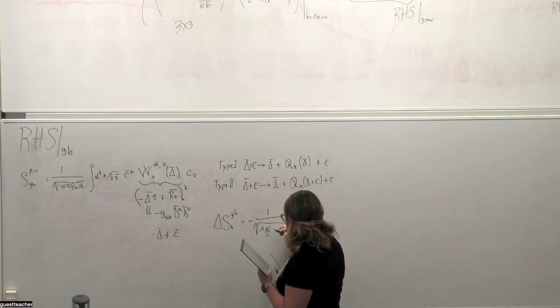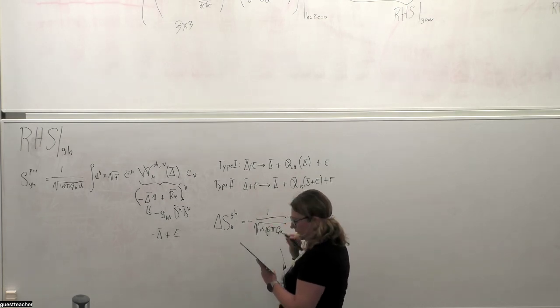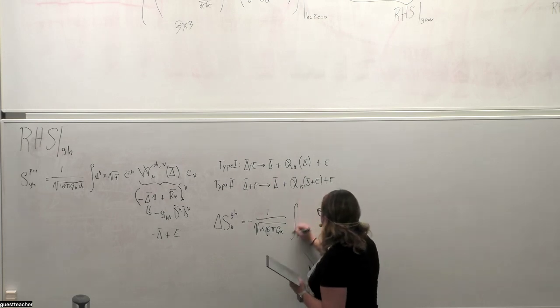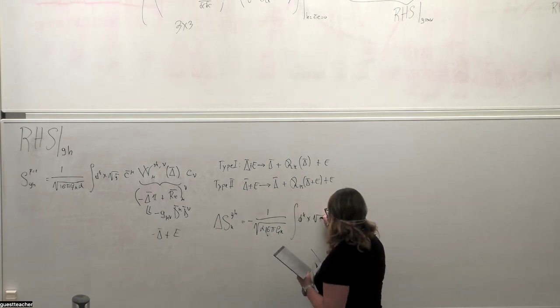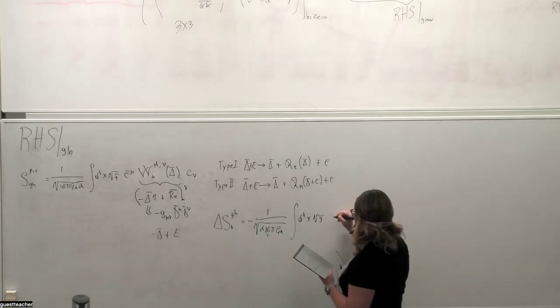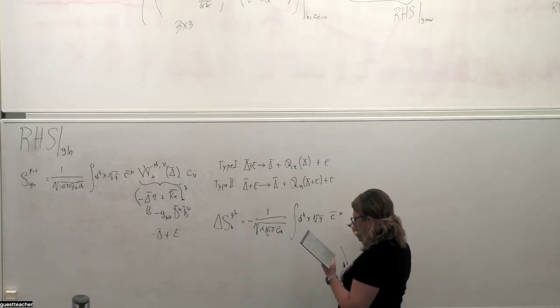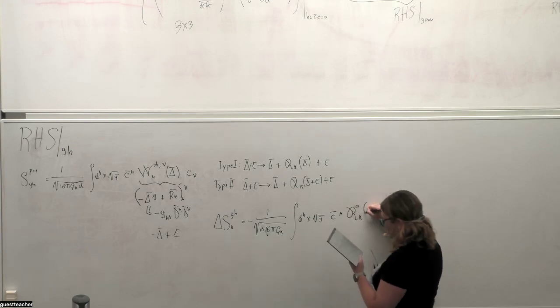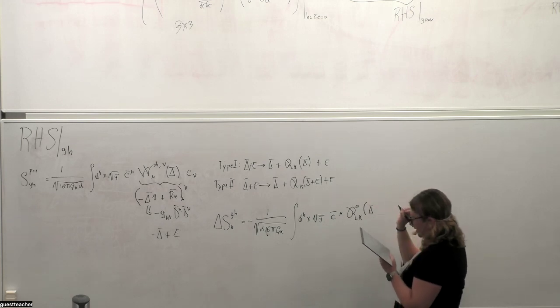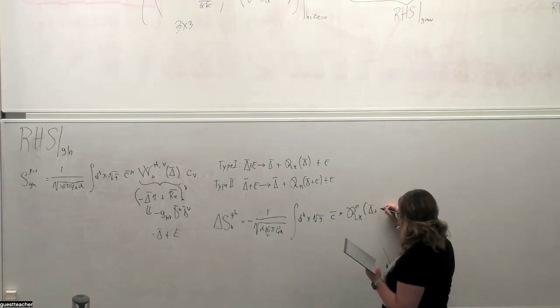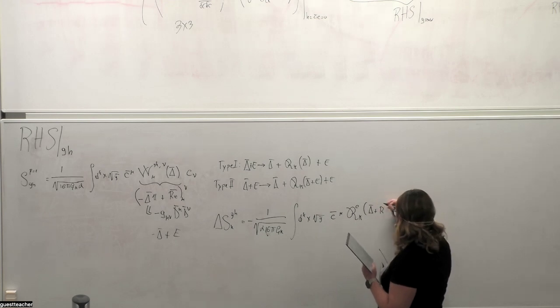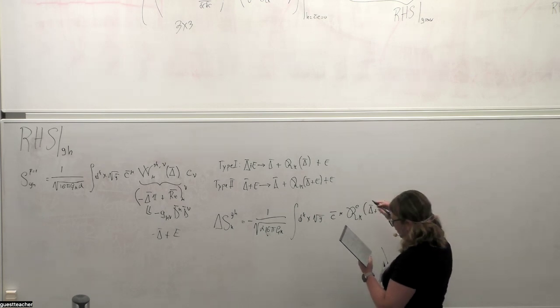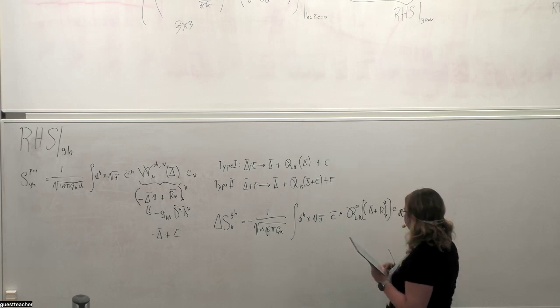So it is 16 pi G_k, and then a space-time integral, and we have c bar mu, and then our regulator term for the ghost that depends on delta bar plus R, and this would be like mu nu, c nu.